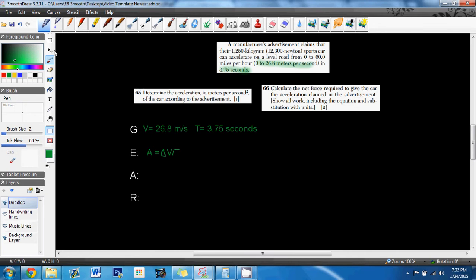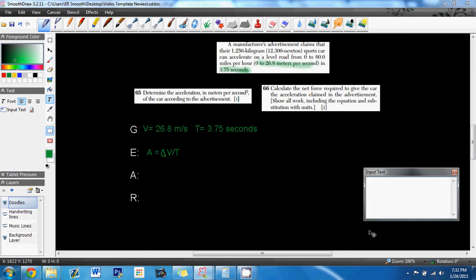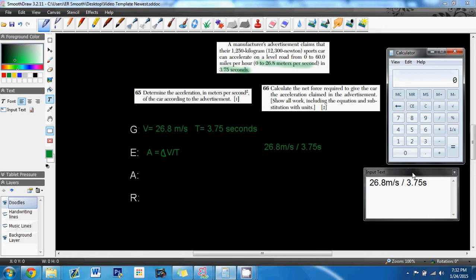Alright, so now we plug it in. A would equal change in velocity, so it would be 26.8 meters per second divided by 3.75 seconds. So, bring our calculator out.